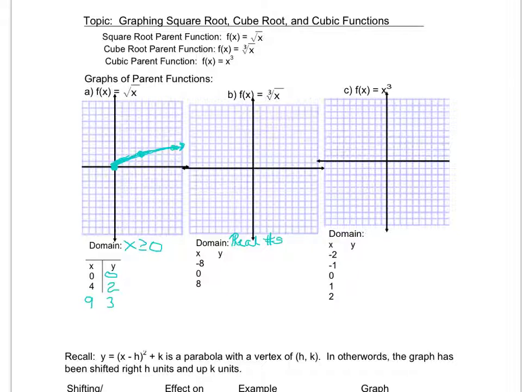If again I look at making a table to see what this is going to look like, if I were to plug negative 8 in, the cube root of negative 8 I know is negative 2. The cube root of 0 I know is 0. And the cube root of 8 I know is 2.